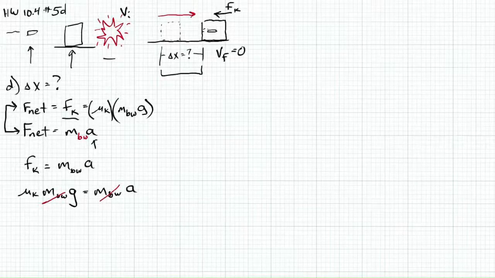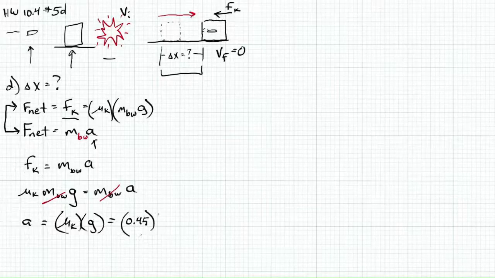So our acceleration is simply our coefficient of friction times the acceleration of gravity. Our coefficient of kinetic friction is 0.45, times 9.81 meters per second squared.